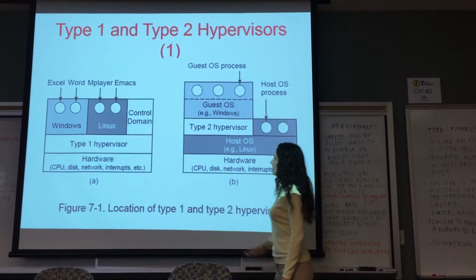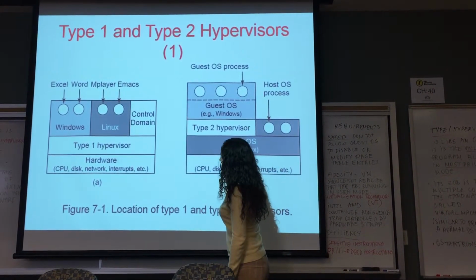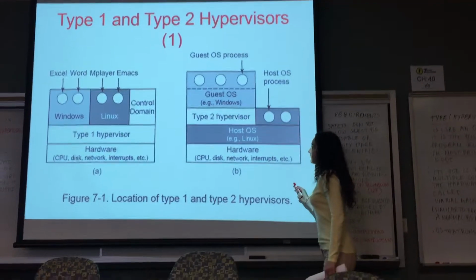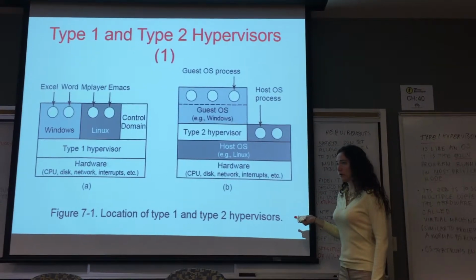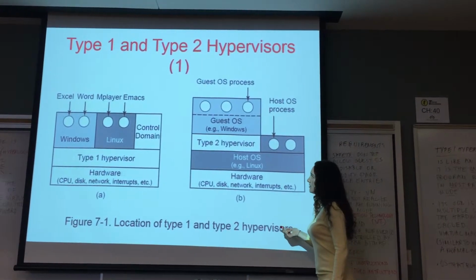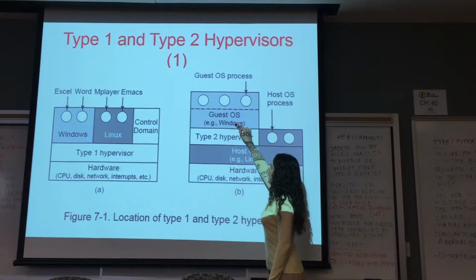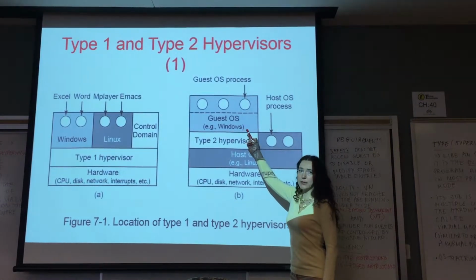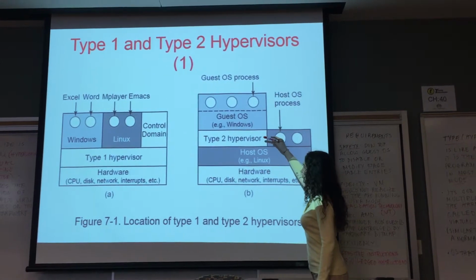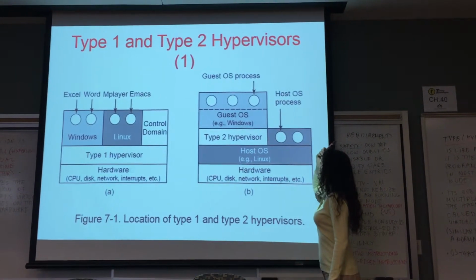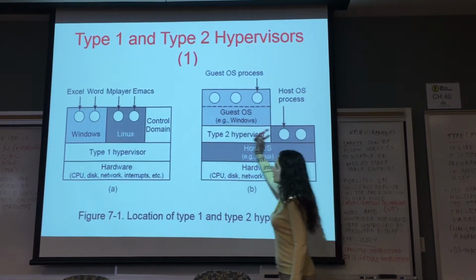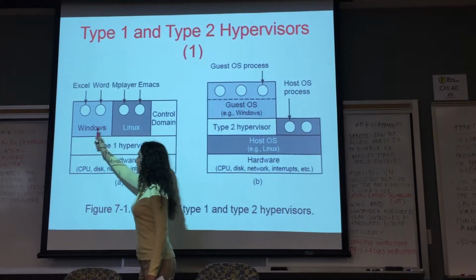Both types must execute the instructions on the machine in a safe manner, which means a guest operating system is allowed to access its own page tables and even mess with them, but it should not be allowed to mess up the page tables of the host operating system or of any other guest operating systems that are running.